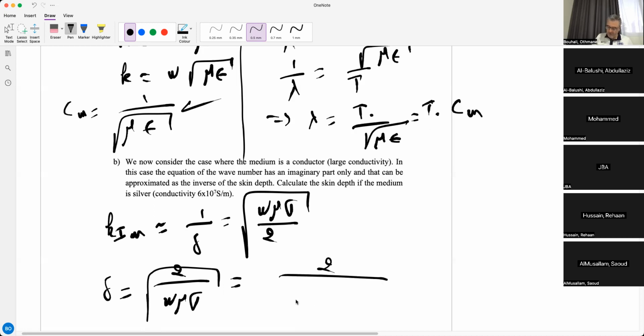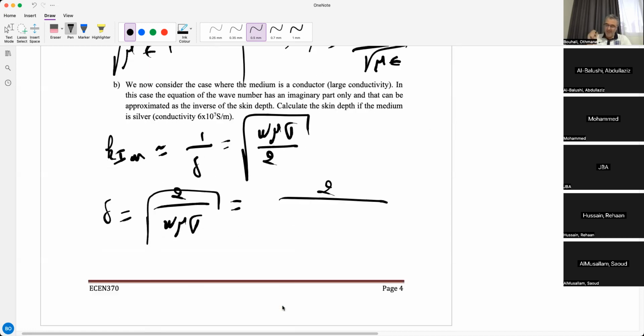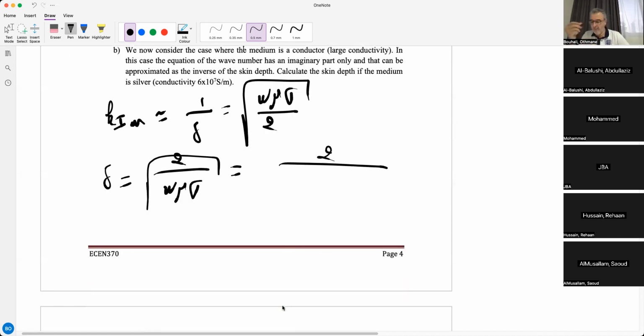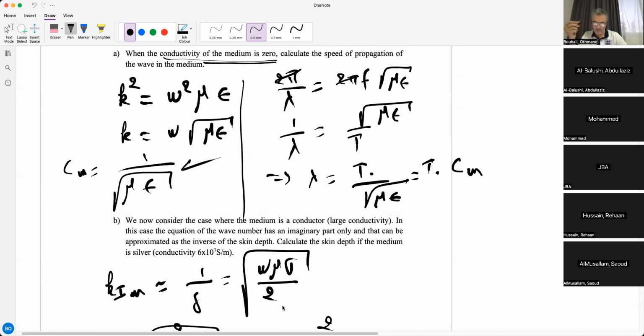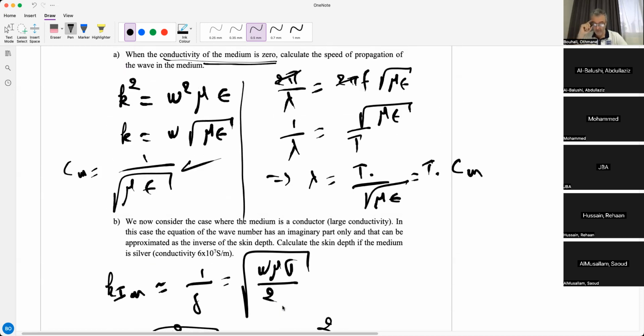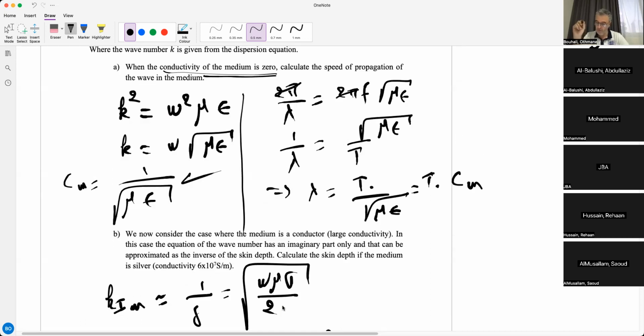So mu is given. What is the answer for question 1? Let me see here. The speed will be 1 over the square root of mu epsilon.